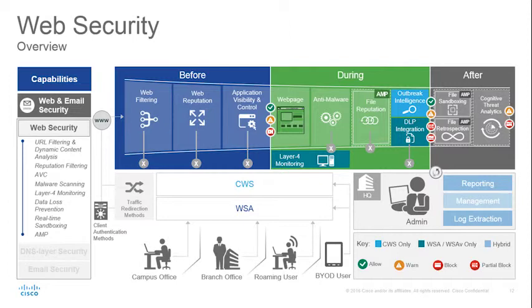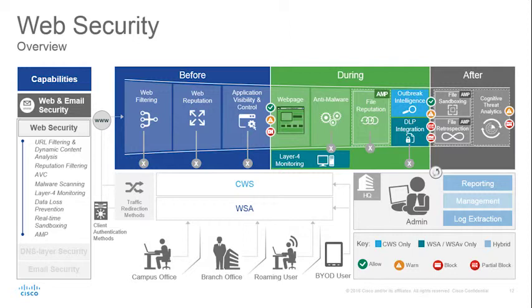For example, a web request is made by a user protected by a Cisco web security solution. The instant the request is made, URL filtering checks against a list of known bad URLs to determine if the site is malicious or restricted given the web security policy. Simultaneously, the reputation filter checks the context and gives the site a score. Sites that score below a certain threshold are at this point blocked.